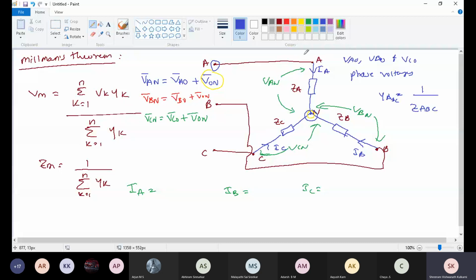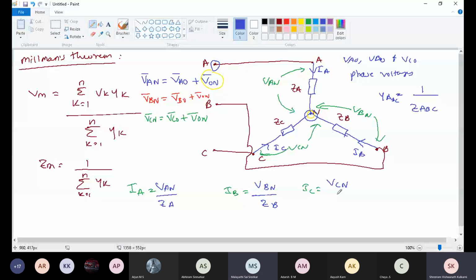We have VAN and the impedance, so the simple formula: IA equals VAN by ZA, IB equals VBN by ZB, IC equals VCN by ZC.